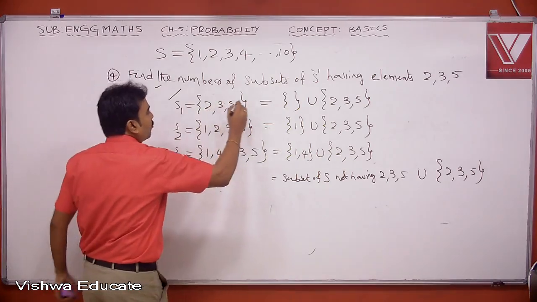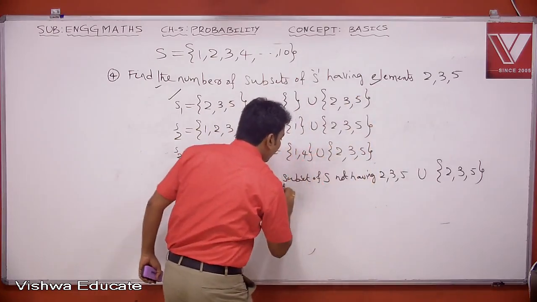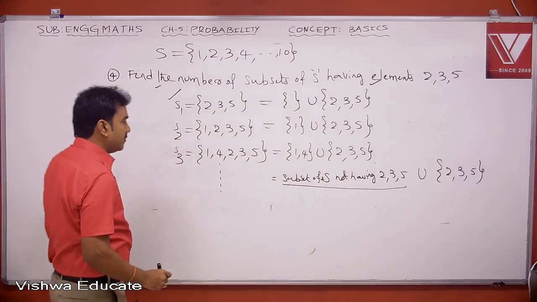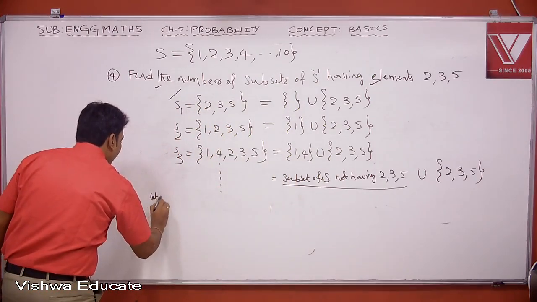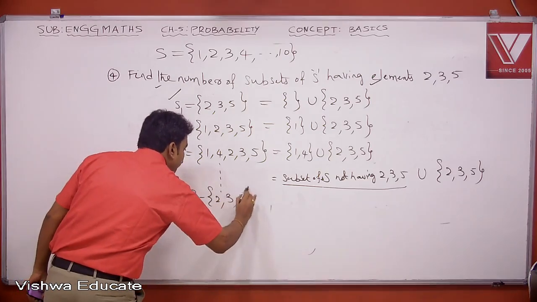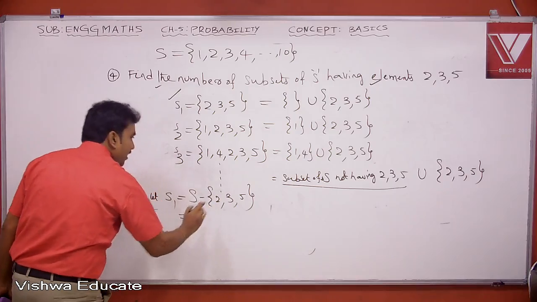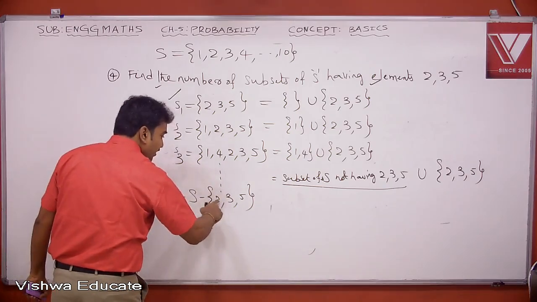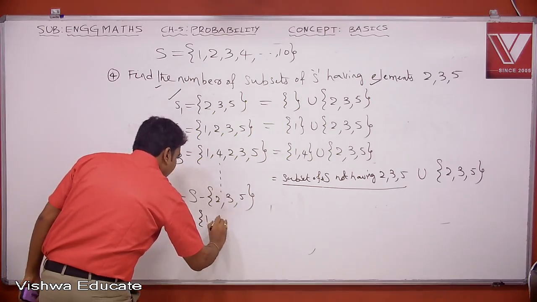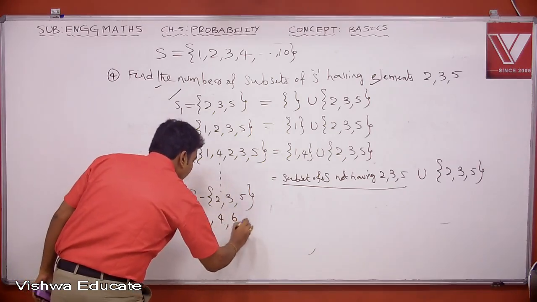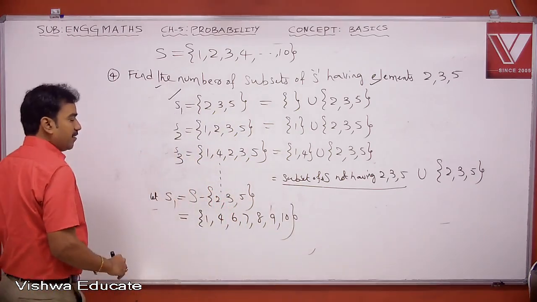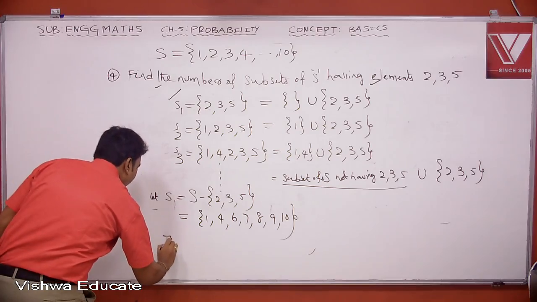Therefore, to get the count, at first I will concentrate on subsets of S not having 2, 3, 5. So I will take S1 equal to S minus the set {2, 3, 5}. This becomes {1, 4, 6, 7, 8, 9, 10}.